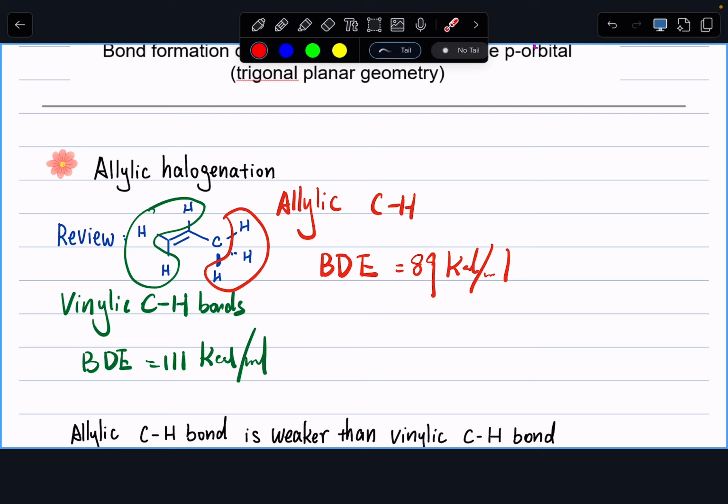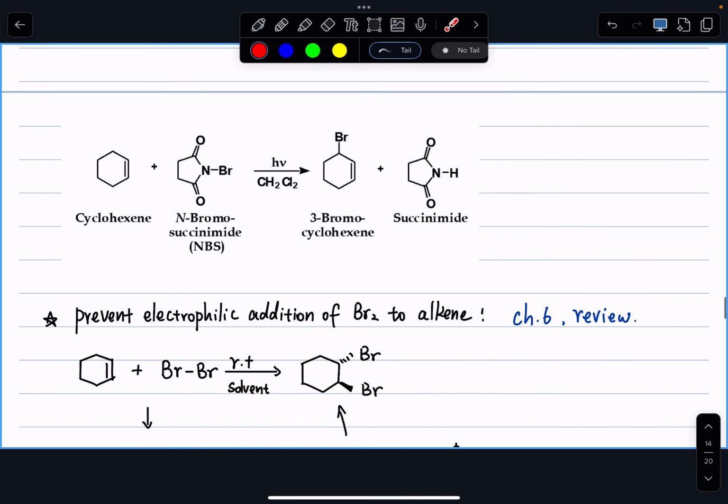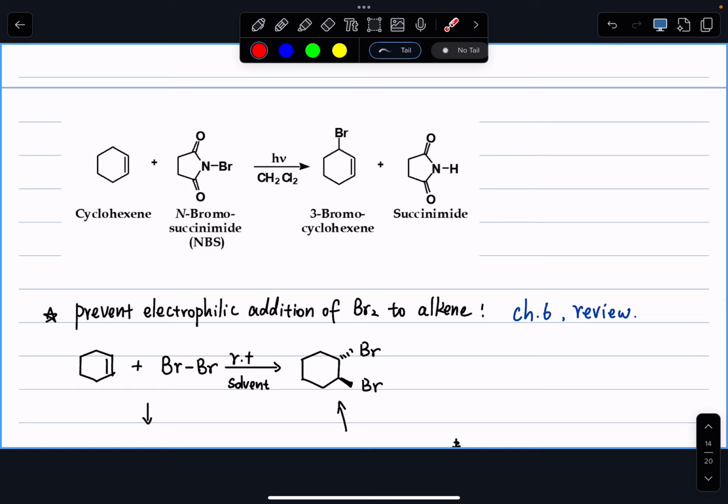But when we have a double bond, we have discussed multiple reactions that can take place with a double bond. So depending on what you want in your product, you want to use a different kind of reagent to control the reaction selectivity or the type of reaction you want to proceed.